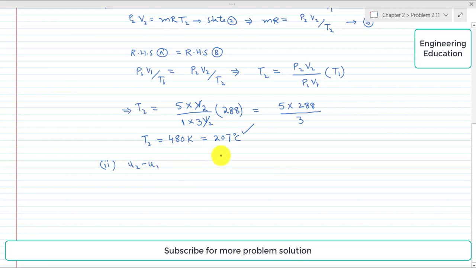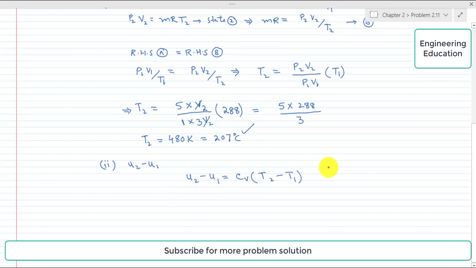If we combine these two terms in one expression, it will become U2 minus U1 is equal to CV, which is common in both, into T2 minus T1. This will be the change in internal energy, or the increase in internal energy.